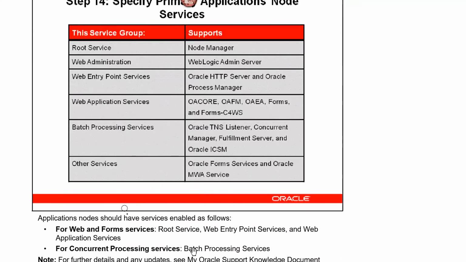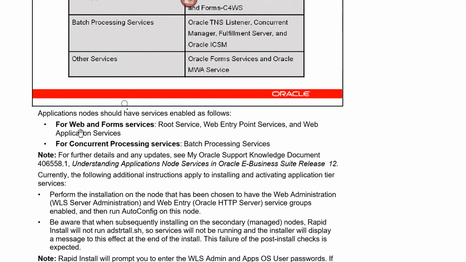It means that when it installs batch processing services, it installs the Oracle TNS listener, concurrent manager, fulfillment server, and Oracle ISM. Right? So this is going a little deep, but if you just understand that web and forms will install all of them, and concurrent processing server will install these, that should be enough for you.